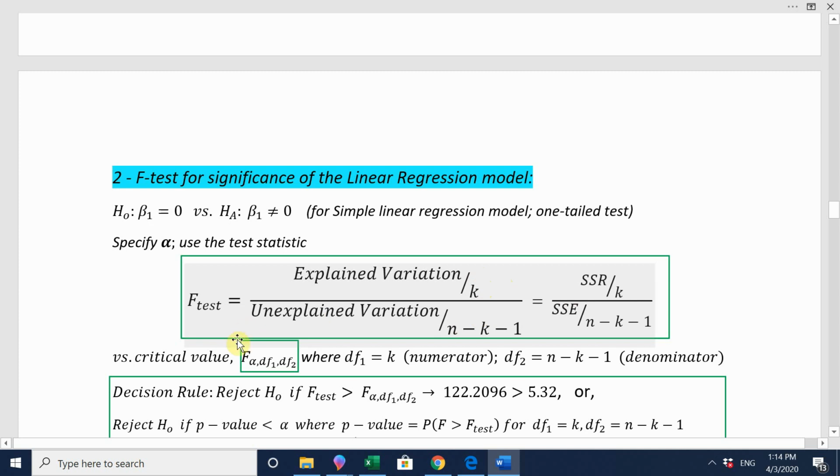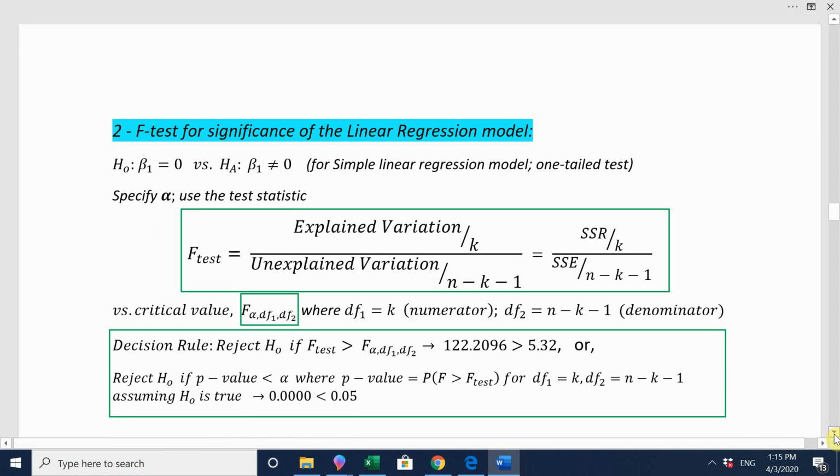And we will compare it to a critical value, F of alpha, for two sets of degrees of freedom. The first degrees of freedom is coming from my numerator, and so that will be equal to k, so that's 1 in this case. And my second degrees of freedom, df2, is coming from my denominator, so it will be n minus k minus 1.